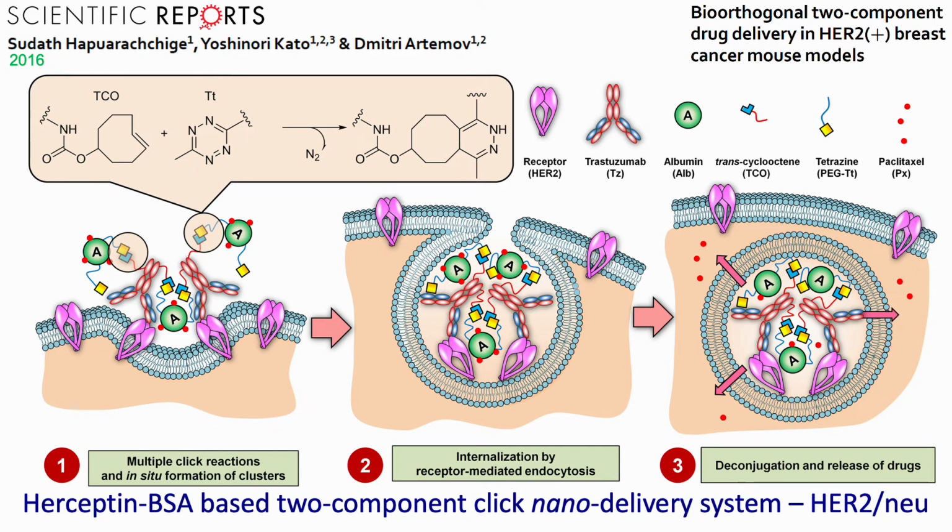So in this click chemistry approach, two click partners are used. The first click partner is used for the pre-targeting approach. Now 20% of breast cancers express HER2.